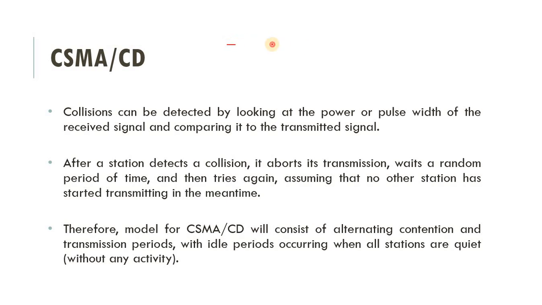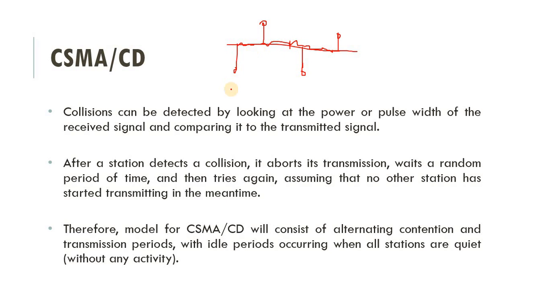Suppose this is a channel, and in this channel 4 nodes are connected. Now suppose this station starts sending packets, and this other station also starts sending packets, and at this point a collision is created.